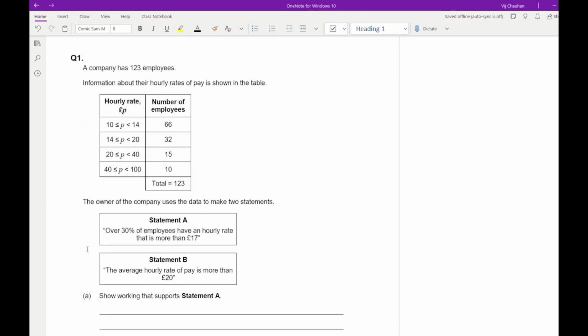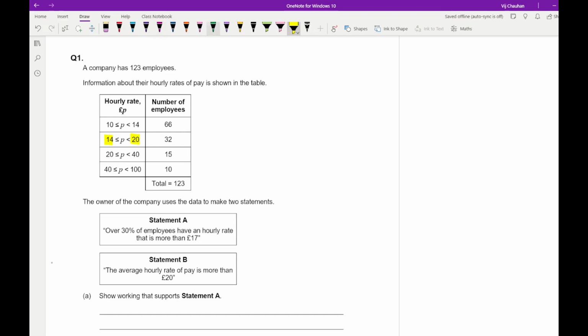Now for part A, it's asking us to show working that supports statement A. So for this, we need to find out how many employees are earning more than £17. As you can see from the table, we don't have 17 as the start of a group, we've got grouped data. So we can assume that with 14 and 20, 17 is the middle number.